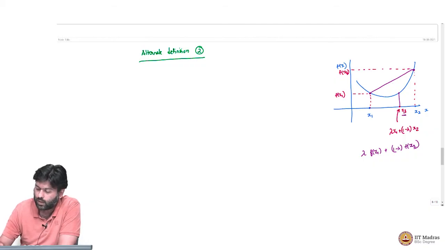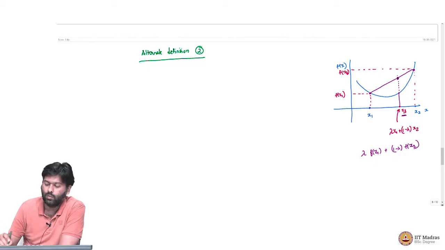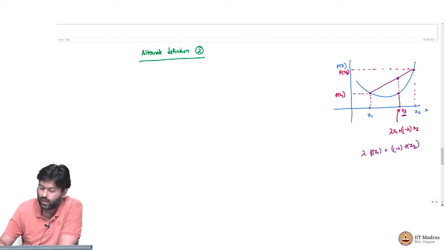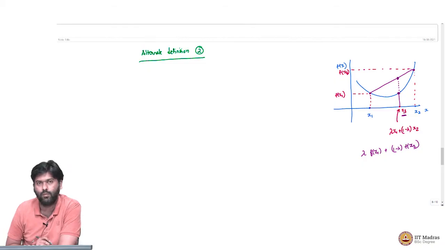Now, for a new x3, if I look at the corresponding value on this line segment that interpolates between f of x1 and f of x2, that value would actually be higher than the value of f of x3 itself, right.